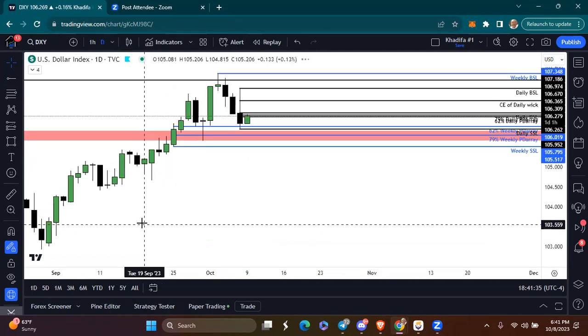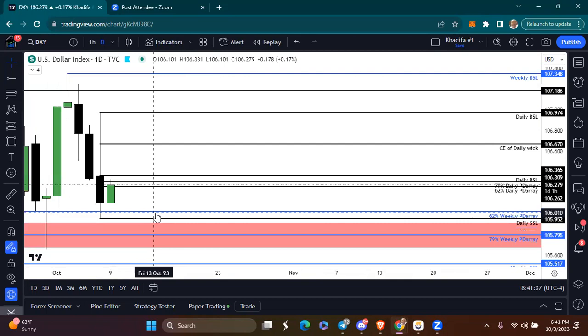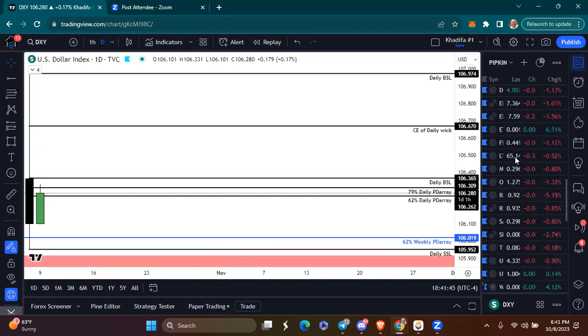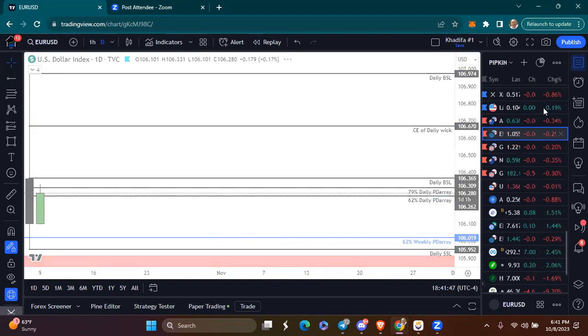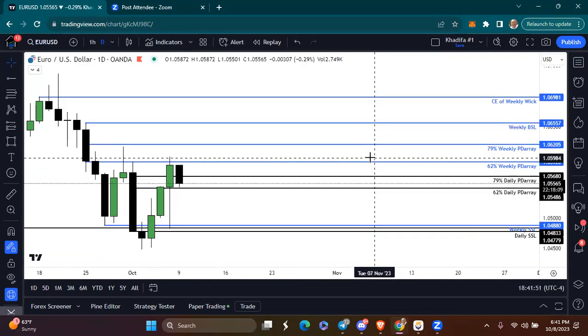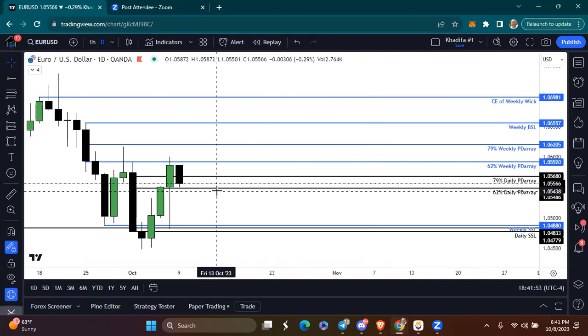Let me look at the daily right quick. Yeah. So that's what I would like to see, ladies and gentlemen, for the dollar index to open up, right? So with that being said, looking at Euro USD, I would like to see us run higher, right?